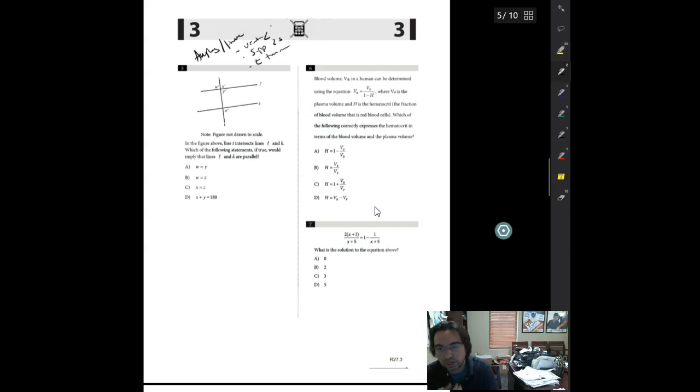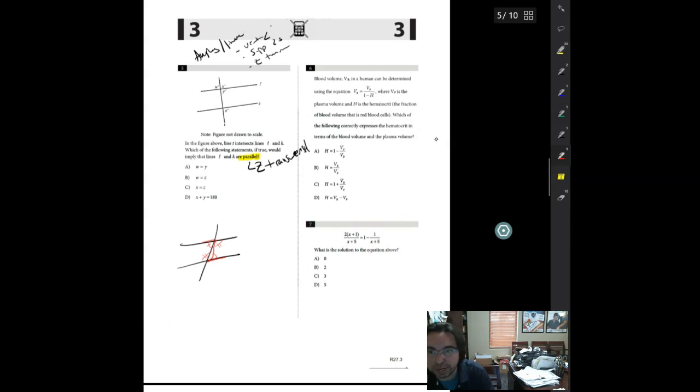When we see the word parallel, that's normally going to indicate that we're talking about Z transversals. If you remember about Z transversals, essentially we have two lines with a transverse line going through them, and you have a Z, which you can draw, where the inside angles agree with each other and the outside angles agree with each other just as well.